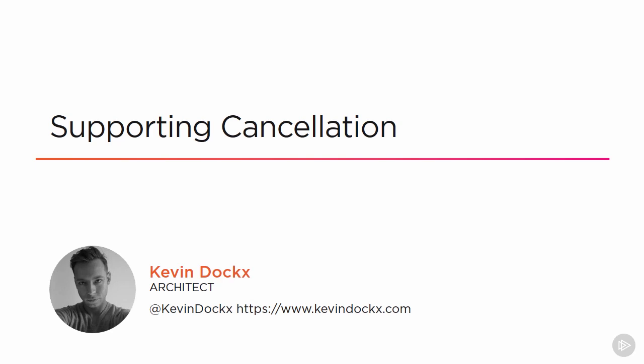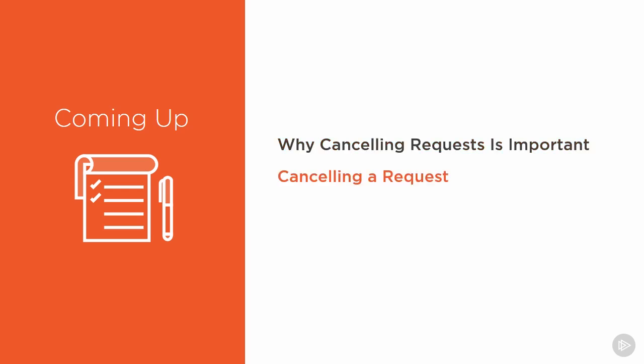Let's learn how. I'm Kevin, and I'll guide you through this. We'll start by learning why we should cancel requests when we no longer need them, say when loading a large movie trailer. We'll learn how we can cancel a request, and we'll learn how we can handle a cancelled request. Let's dive in.